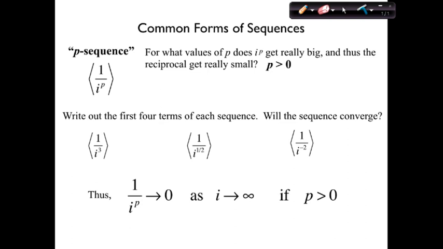Okay, so the next one's called a geometric sequence. A geometric sequence is of the form r to the I. So now your index, what's different about this? Where's the index now? The exponent. Now the index is the exponent.